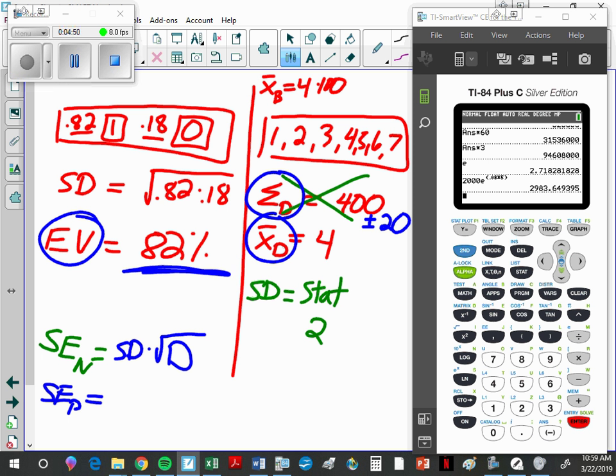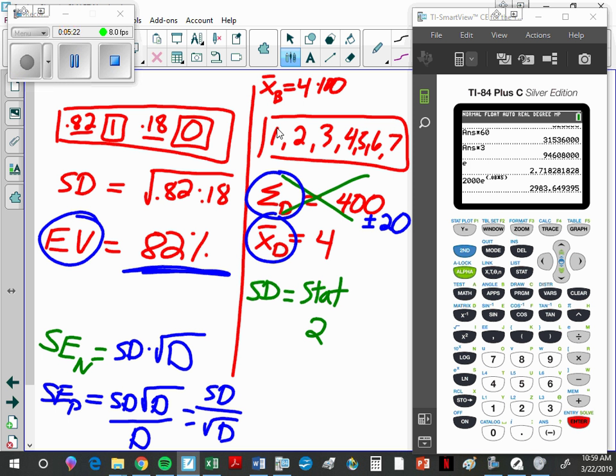And to calculate that, I do the SD of the box and I multiply that by the square root of the number of draws, and then I divide it by the number of draws, which is how the book always lists it, but we're smarter than that. We've done the shortcut, which is just the SD divided by the square root of D, because the square root of D over D is the same thing as just 1 over the square root of D.